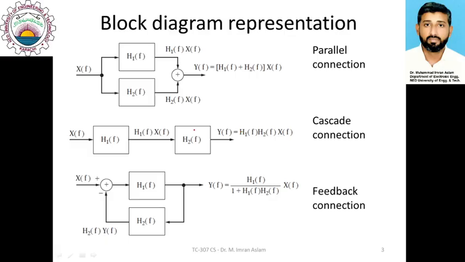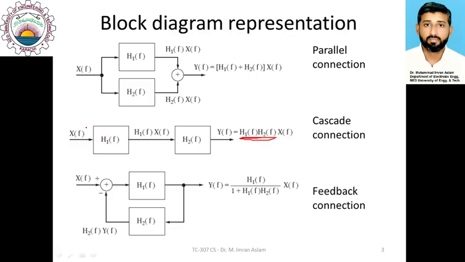So in this case, if you have two or more cascaded systems, the overall response will be equal to the product of individual frequency responses. You can calculate this result directly from this expression.